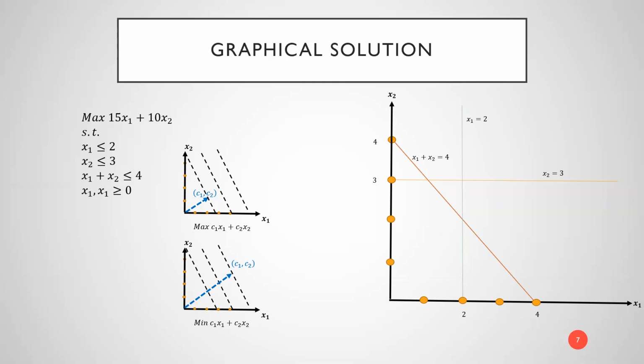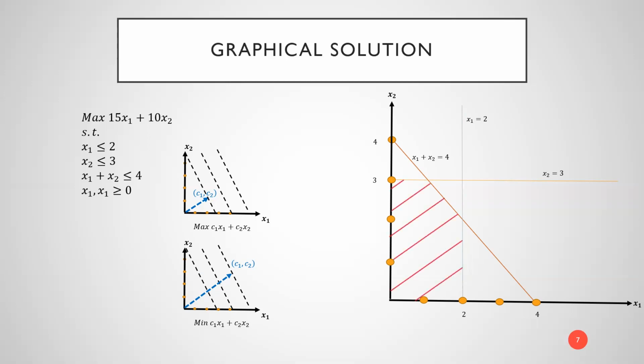Where the objective is to maximize, you must slide the ruler up to the point within the feasible region which is furthest away from the origin. On the other hand, where the objective is to minimize, you must slide the ruler up to the point within the feasible region that is nearest to the origin.